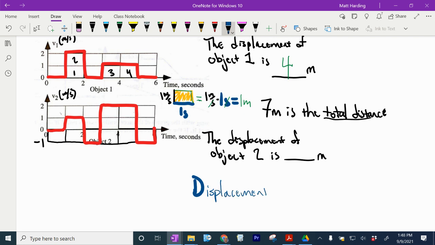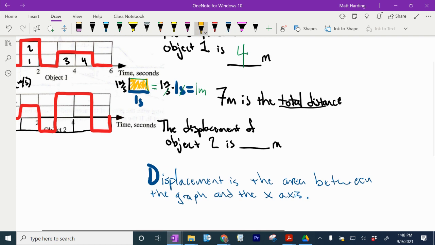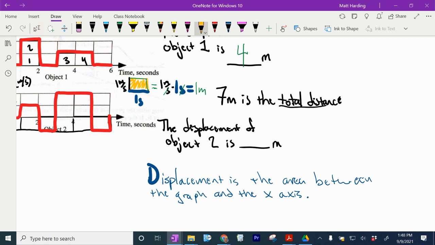Displacement is the area between the graph and the x-axis. Okay, so the really important bit of this is the x-axis.